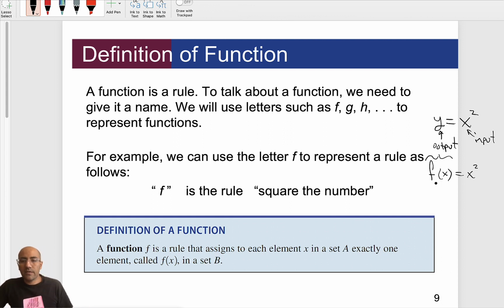Okay, so the only thing that I think people have a real difficult time with is distinguishing that the letter f here is not a variable, right? A very common mistake is people take f of x equals x squared, and then they divide this side by x, divide this side by x.